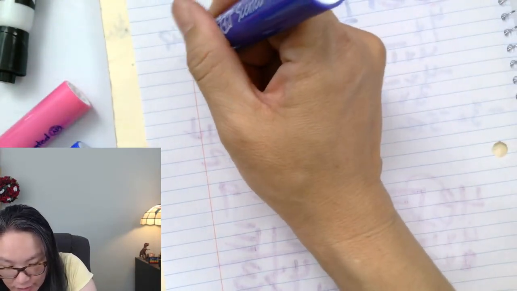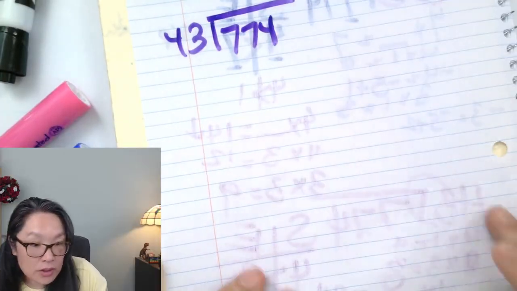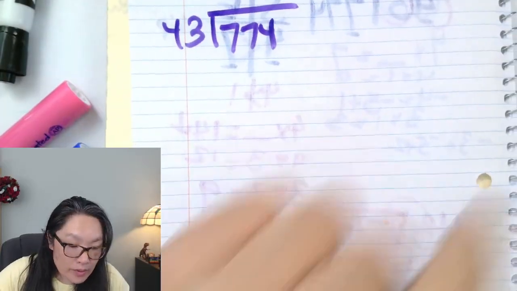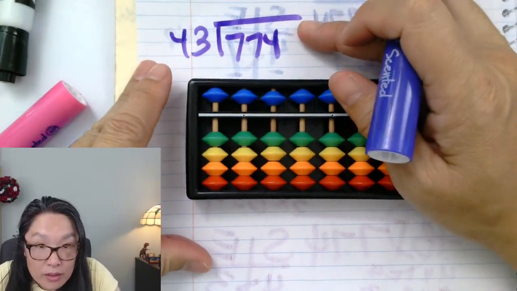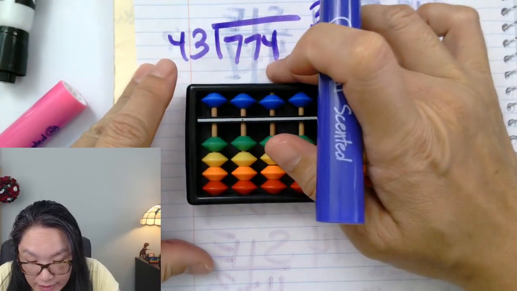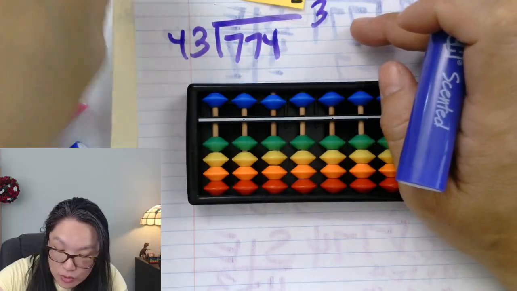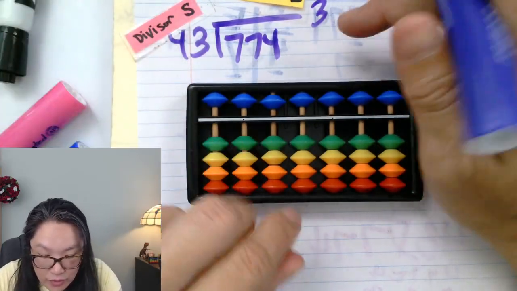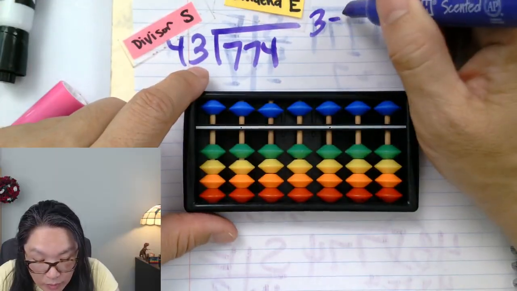So 774 divided by 4. Okay, so we're going back here. That was my bad. So what we're going to do is compare. I have 3 dividends and 2 divisors, so I know my starting point is going to be 1.